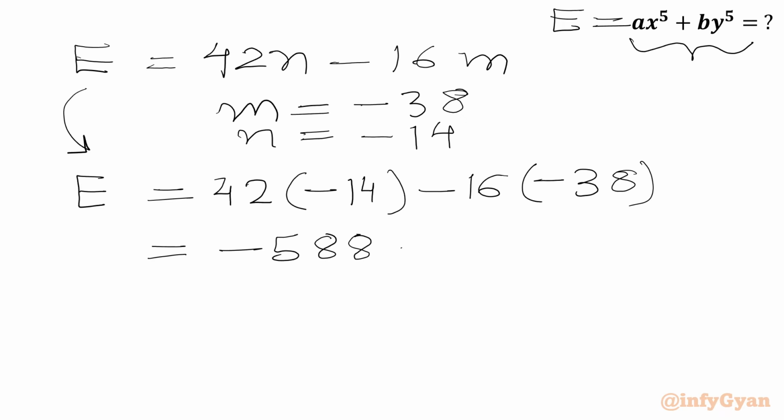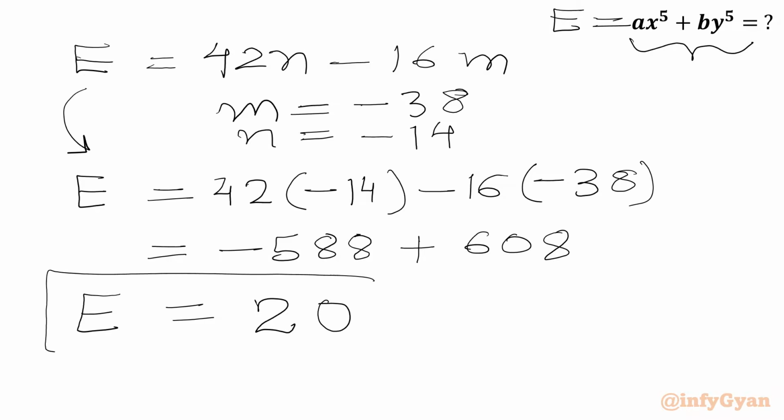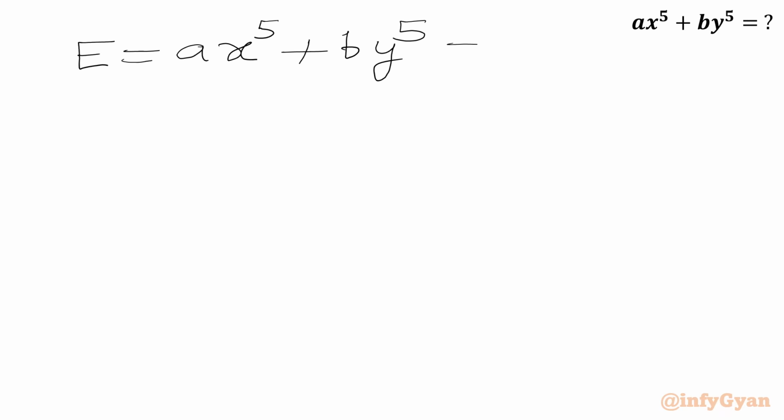Minus times minus becomes plus. 16 times 38 is 608. We are going to get our required expression value 20. So I can write here E equal to ax⁵ + by⁵ equal to 20.